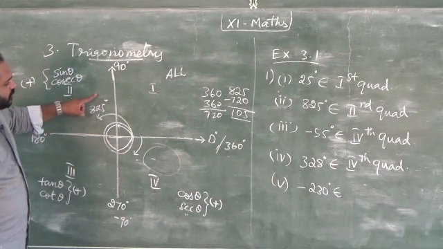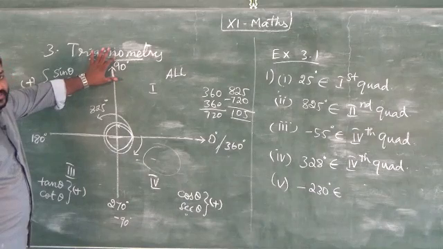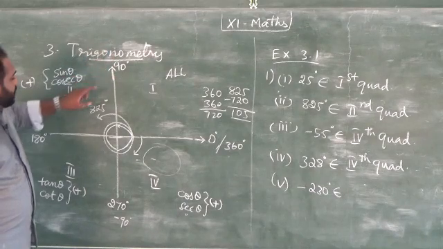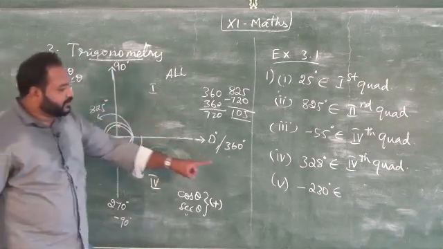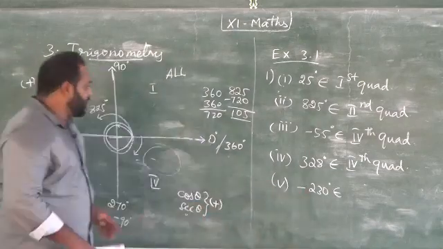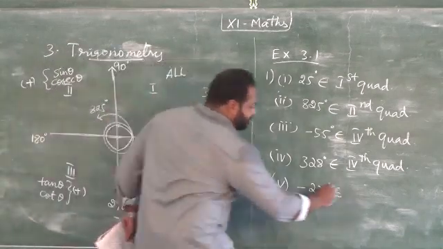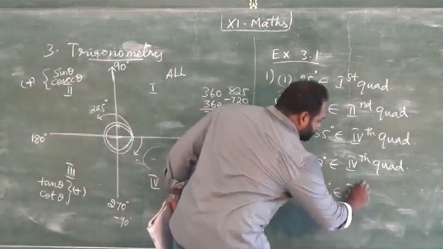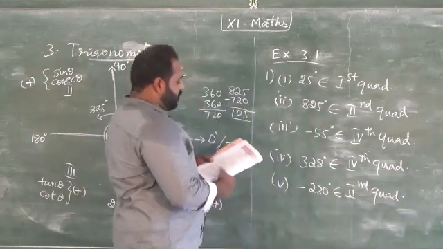Minus 230 is in between minus 180 and minus 270, so minus 230 occurs in the second quadrant.